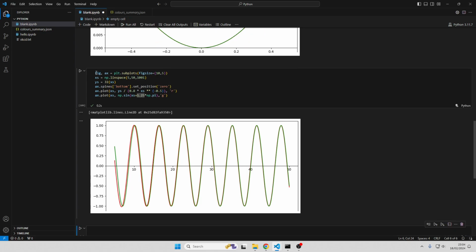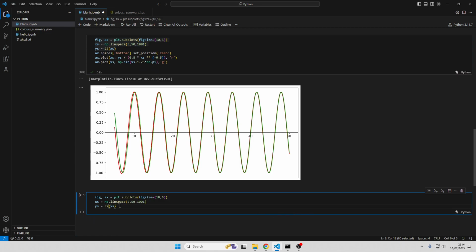Let's make a new plot again. Now we're going to plot the Bessel function, and so what have we learnt?